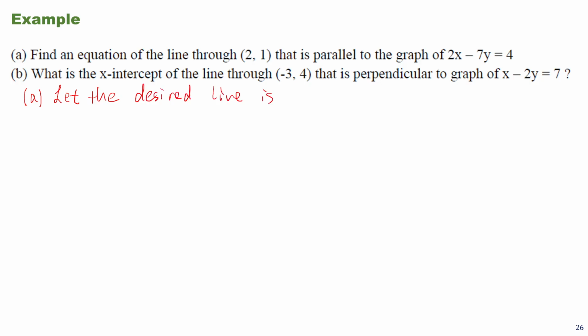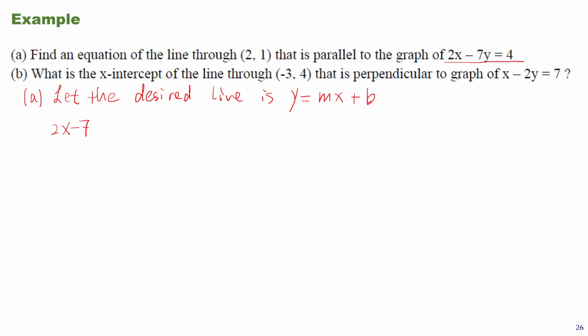Apparently it has a slope because the slope of this line is not 0. So we can let this line be y equals mx plus b, right?